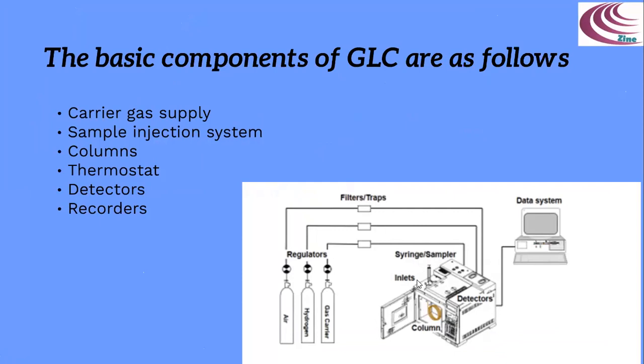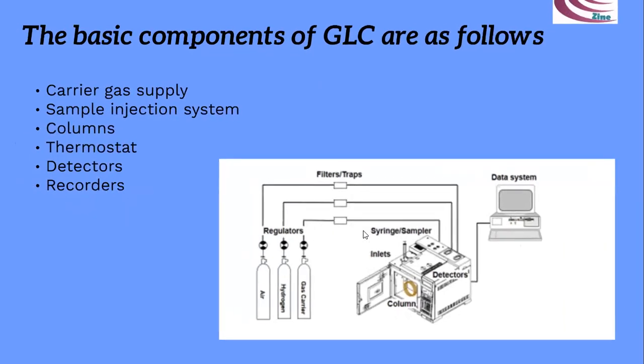Then columns, maybe packed column or a porous or maybe the capillary. Then thermostat, then detectors used in gas chromatography, and then recorder system to record the chromatogram or the output of gas chromatography. We will try to explore each and every part.